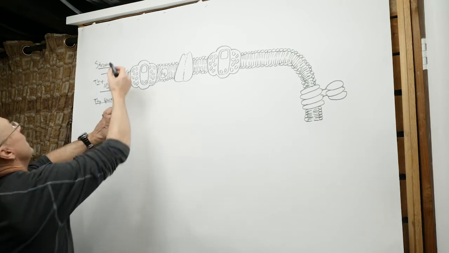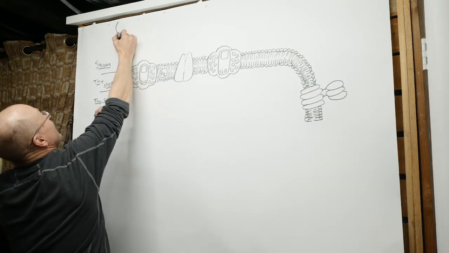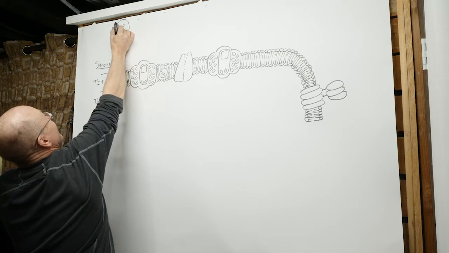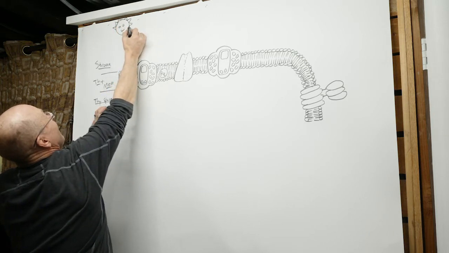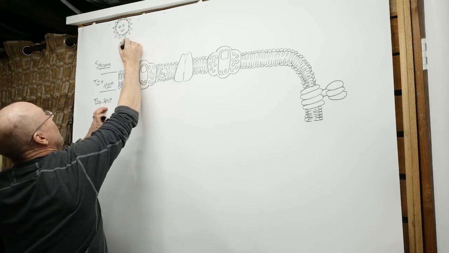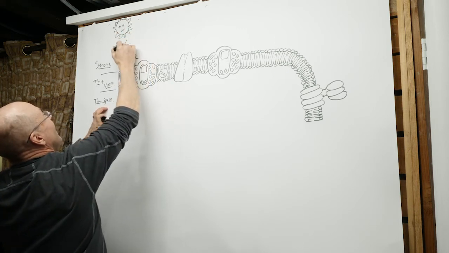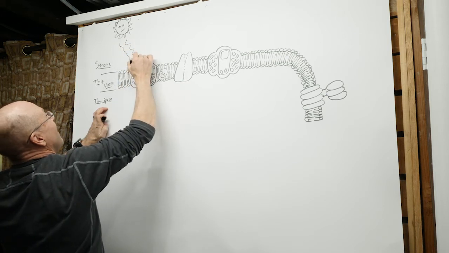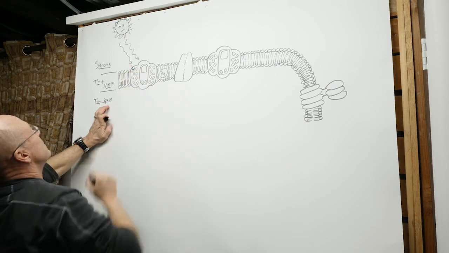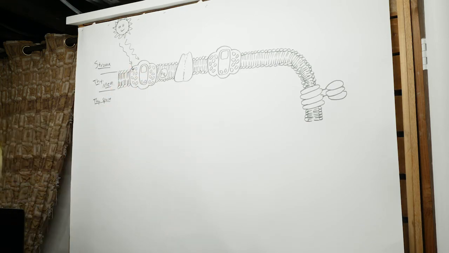So way up here then, we need to put our happy sun. And the sun, of course, is sending its photons down, ultimately, to start that beautiful process, which we'll identify in a minute.